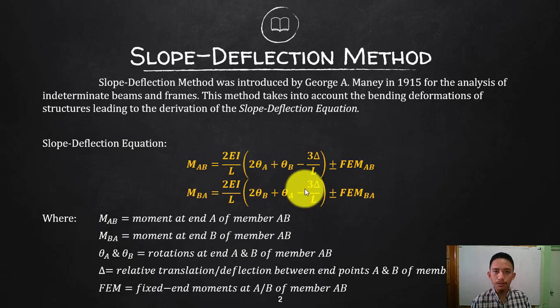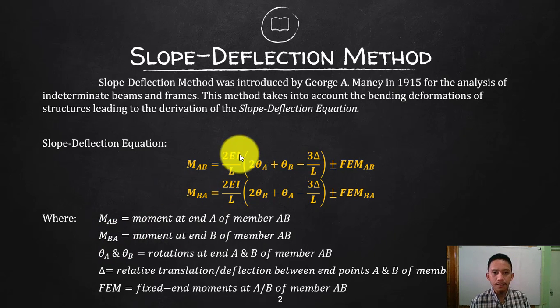But if you want to get the moment at your point B, of your member AB still, that will just be M sub BA. Okay, let's just differentiate them by changing the arrangement of the subscript. MAB means moment at A of your member AB. MBA means moment at B of your member AB still.